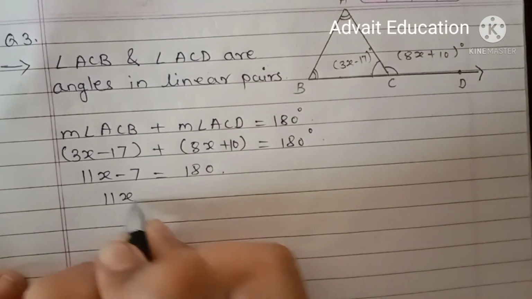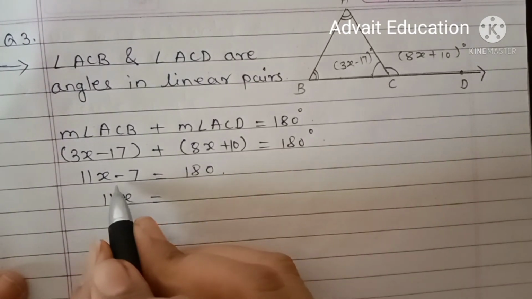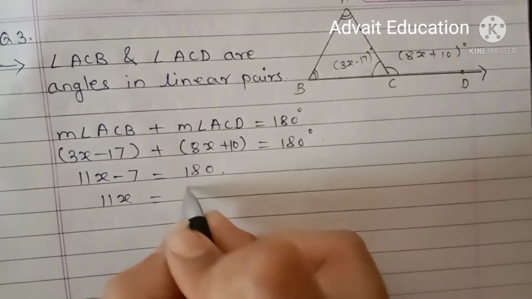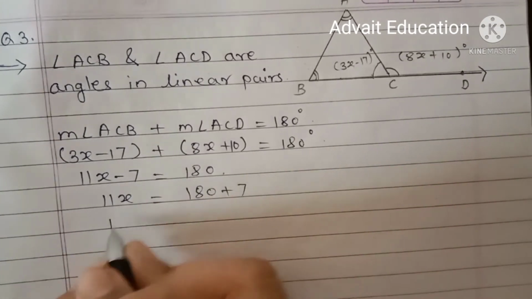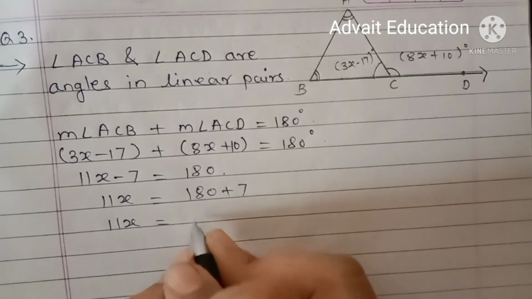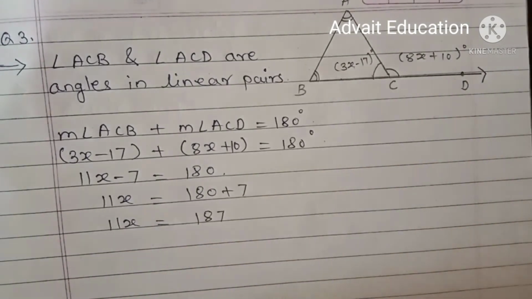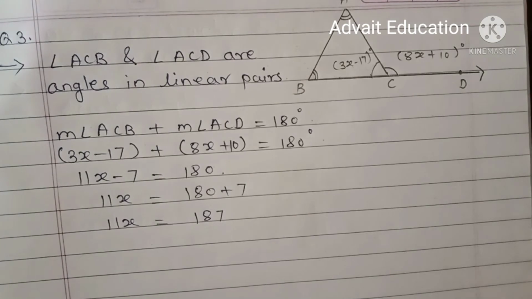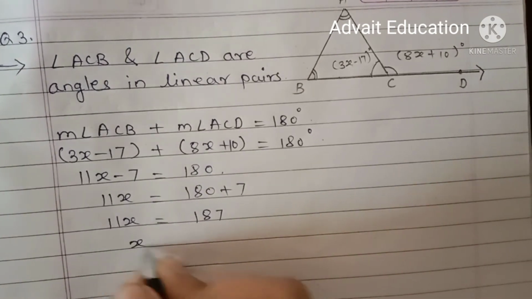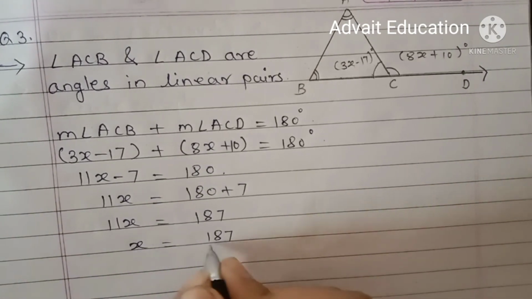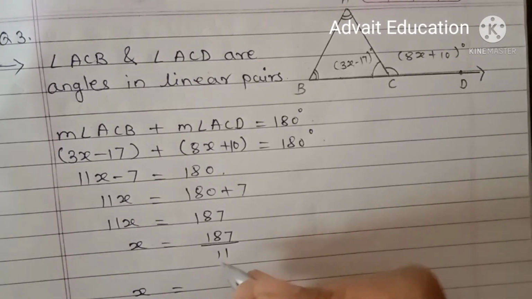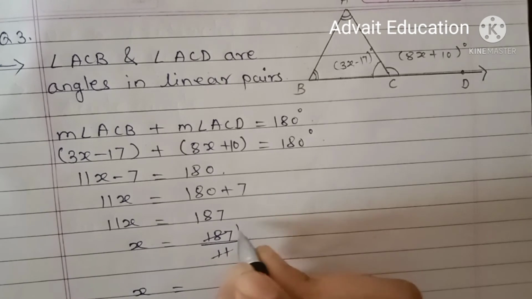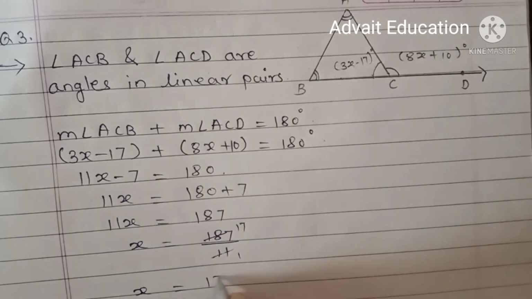11x is equal to this 7 is minus, it goes on opposite side, then plus 7. 180 plus 7 is equal to 187. X is equal to 187 divided by 11 means x is equal to 17 degree.